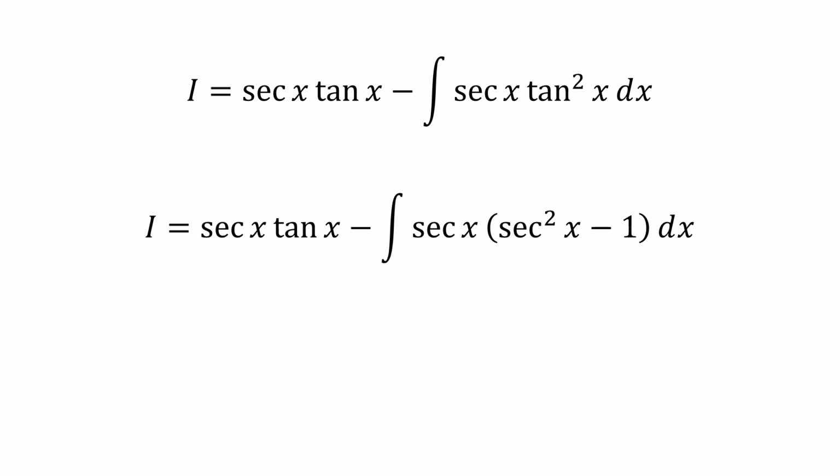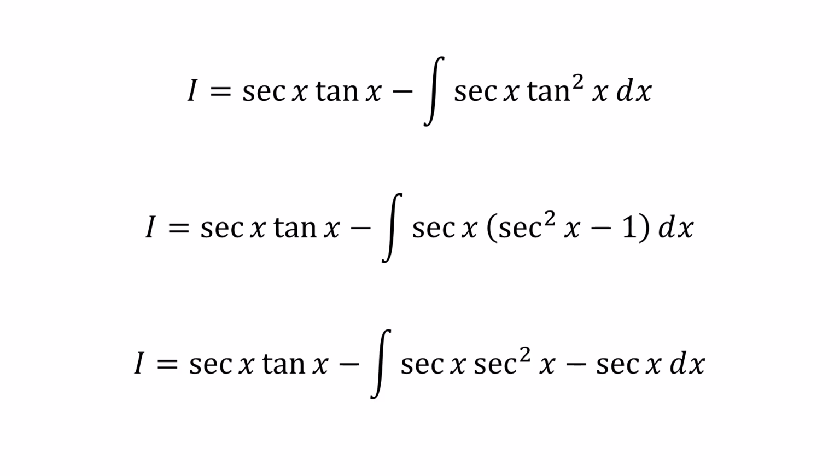Distributing secant of x then gives I equals secant of x tangent of x minus the integral of secant of x secant squared of x minus secant of x dx.